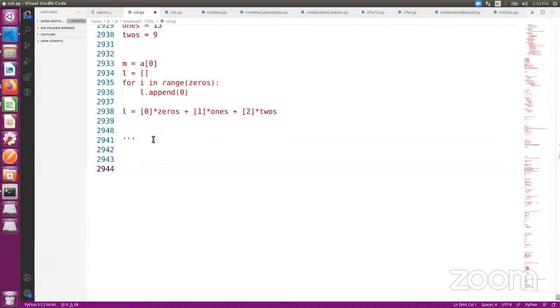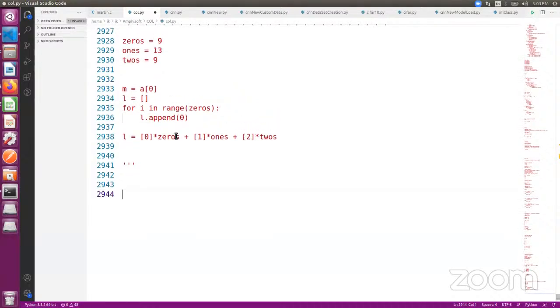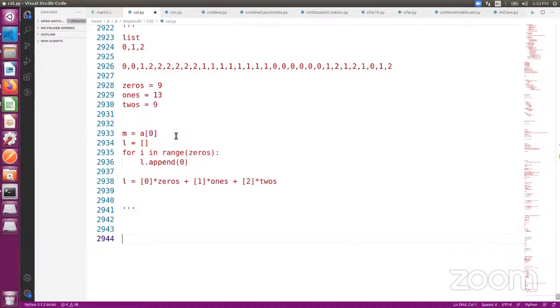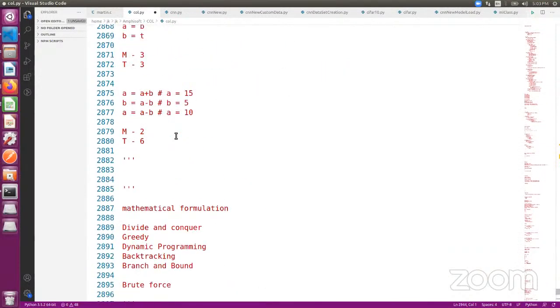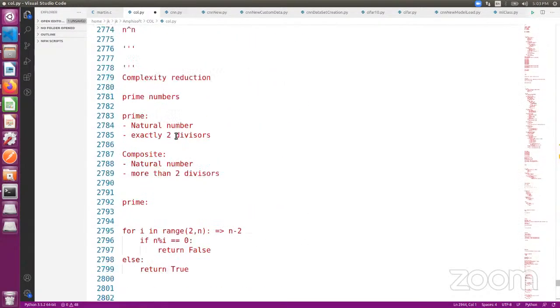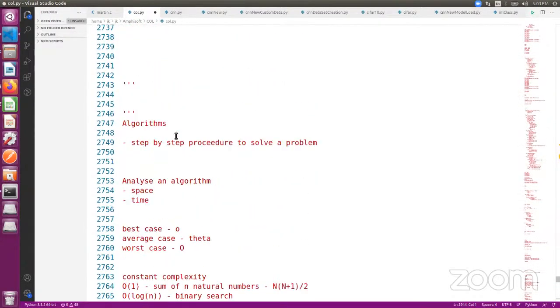Okay. Good evening, all. Before starting today's class, do you have any doubts from the previous class? In the last class, we saw the introduction to algorithms.